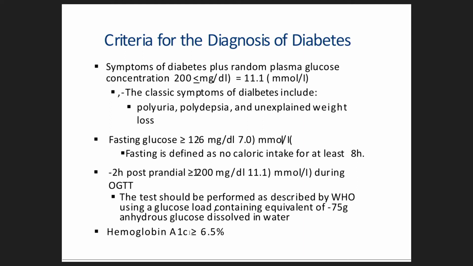Lastly, hemoglobin A1C, normal person should not exceed 5.7%. Those with diabetes, their hemoglobin A1C is equal or above 6.5, and those with between 5.7 and 6.5 are called pre-diabetes.